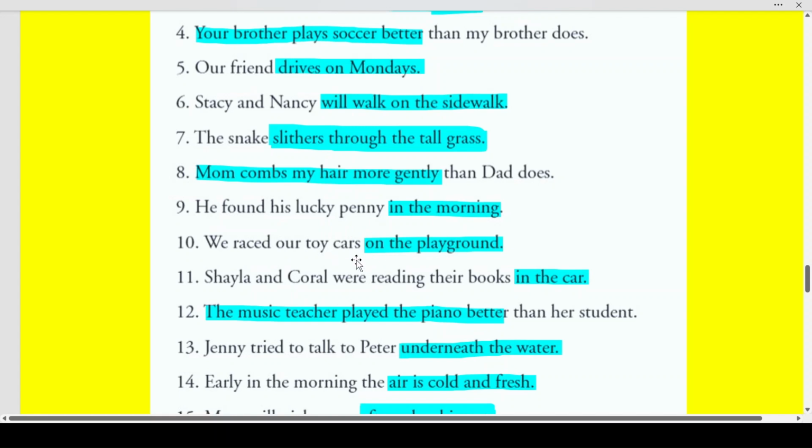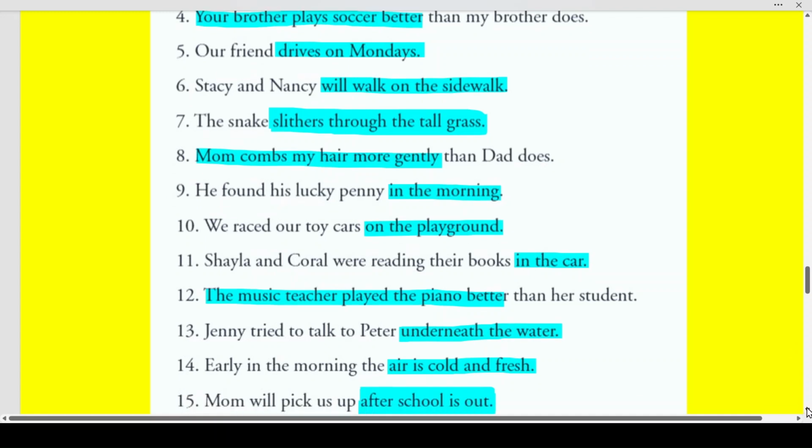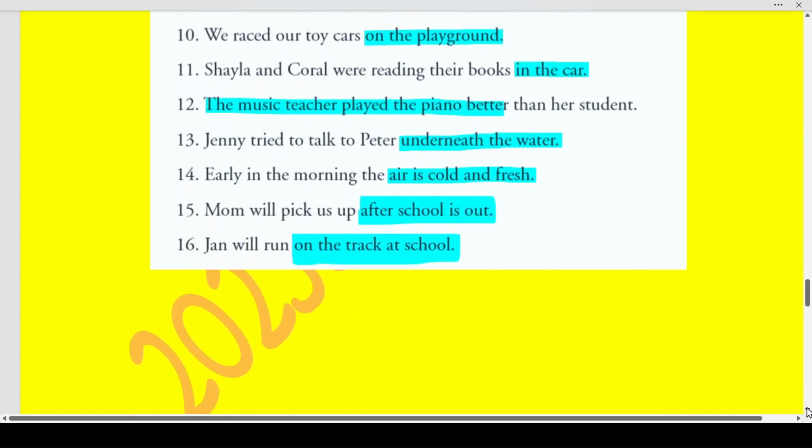Where did we race our toy cars? On the playground. Shyla and Coral were reading the books in the car. Where were Shyla and Coral reading the books? Answer: adverbial phrase, in the car. The music teacher played the piano better than her student. Who played the piano better? The music teacher played the piano better. Jenny tried to talk to Peter underneath the water. Where did Jenny try to talk to Peter?